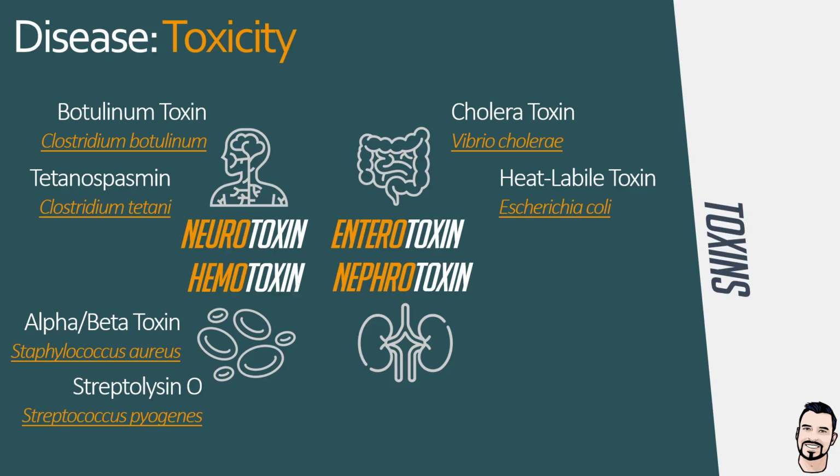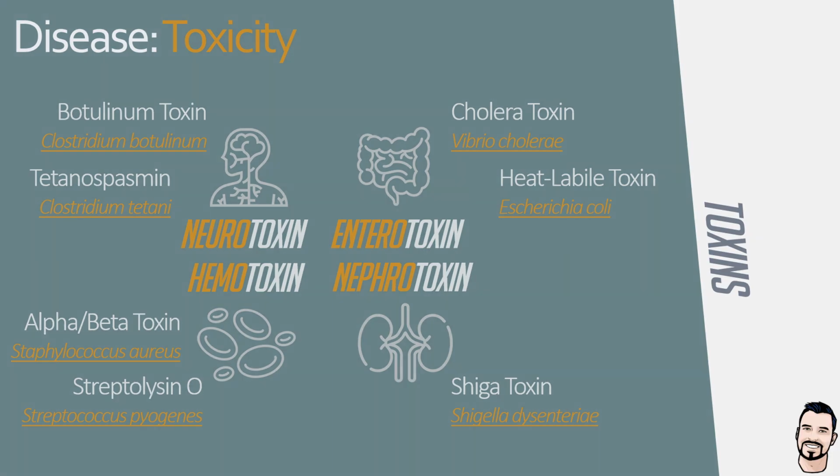These all damage host cell membranes and usually lead to the lysis of blood cells, hence their classification as hemotoxins. And finally, as an example of a nephrotoxin, we have the Shiga toxin produced by Shigella dysenteriae, which damages the kidney cells and can lead to severe renal complications and renal failure.